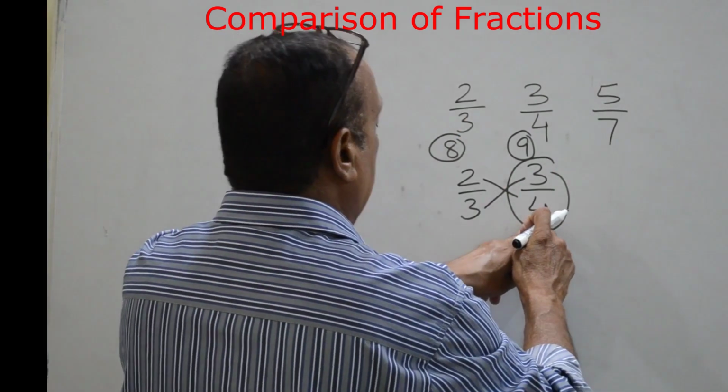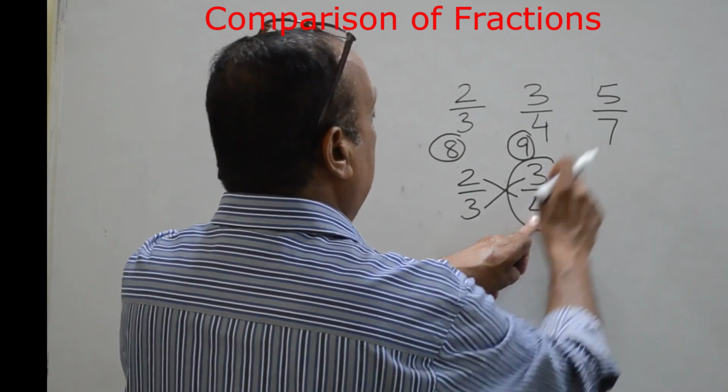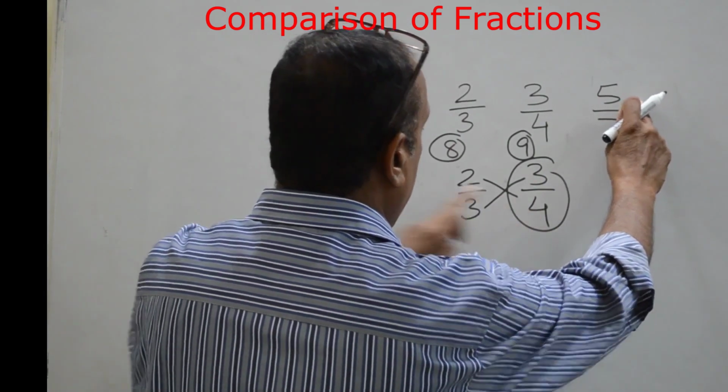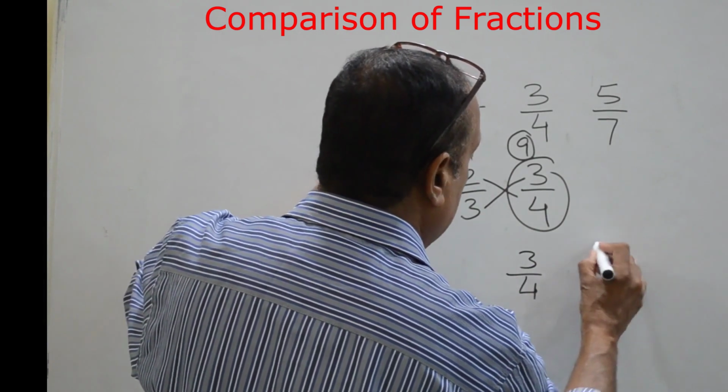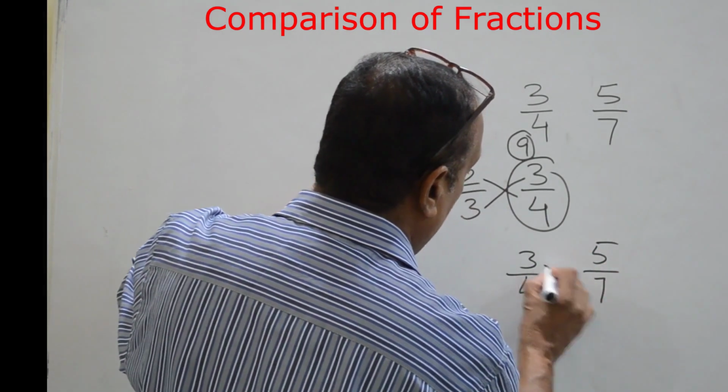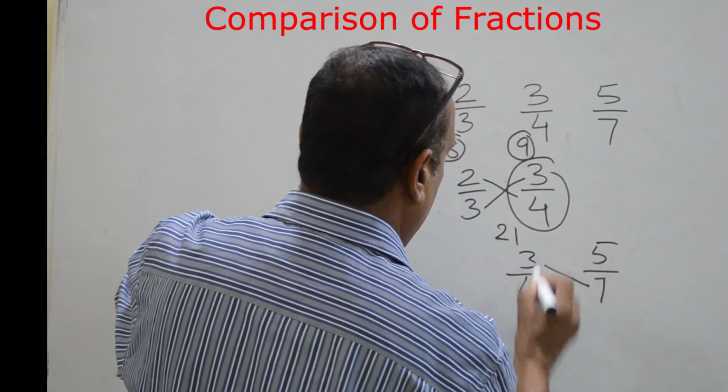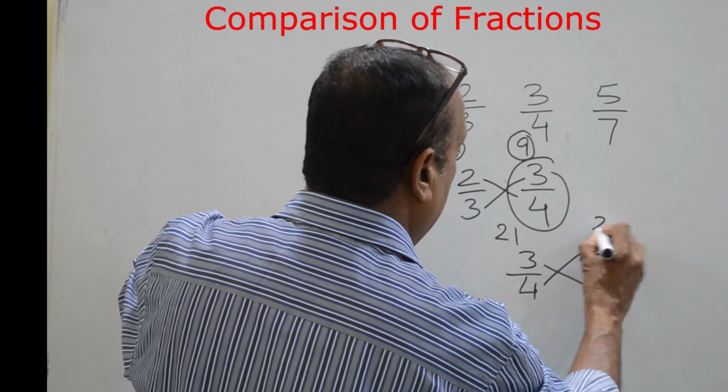Now this is bigger, so it will be compared with the third fraction, 3 upon 4 and 5 upon 7. 3 into 7 is 21, 4 into 5 is 20.